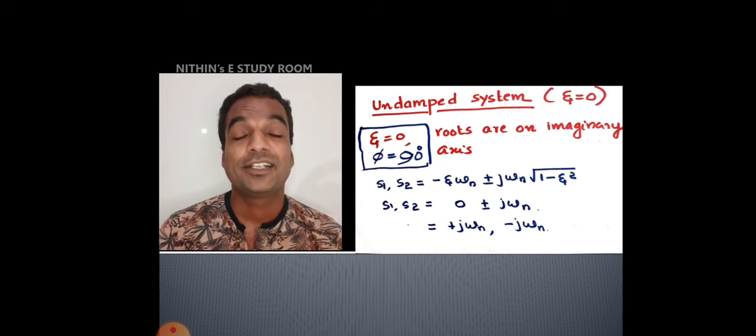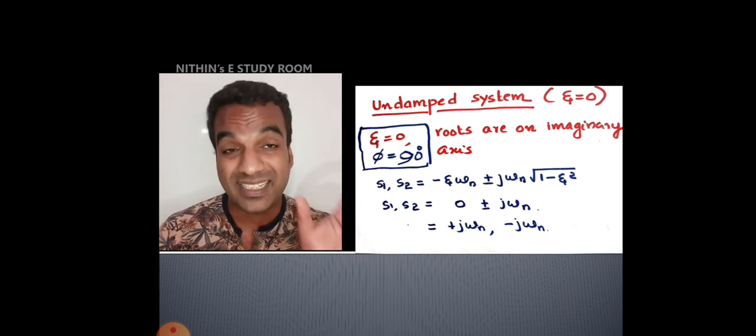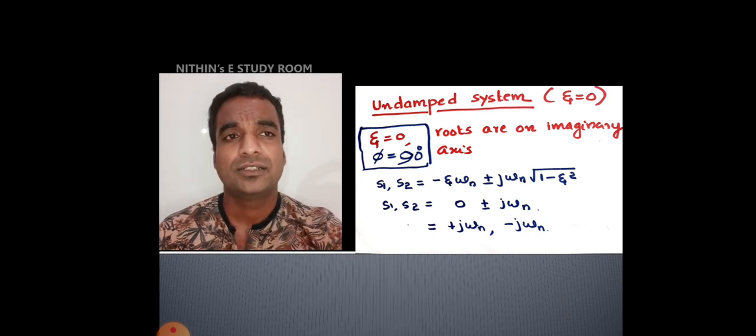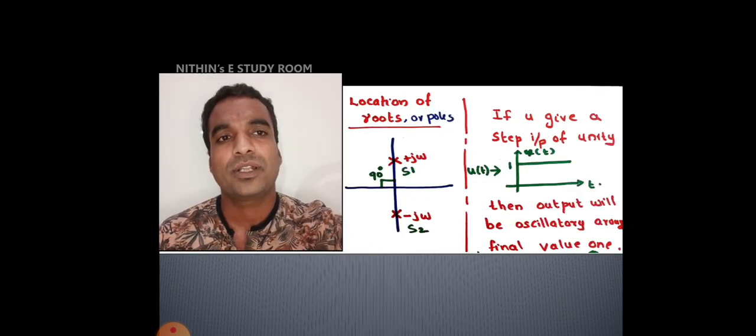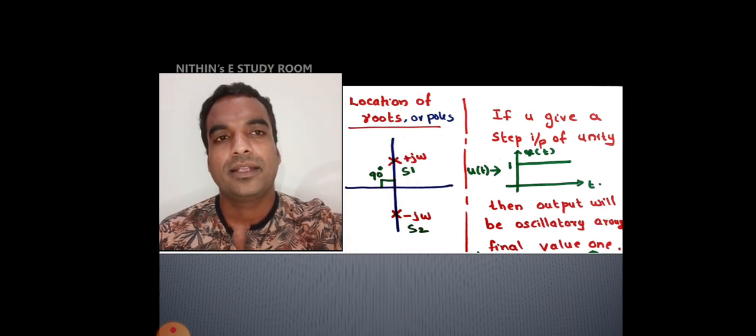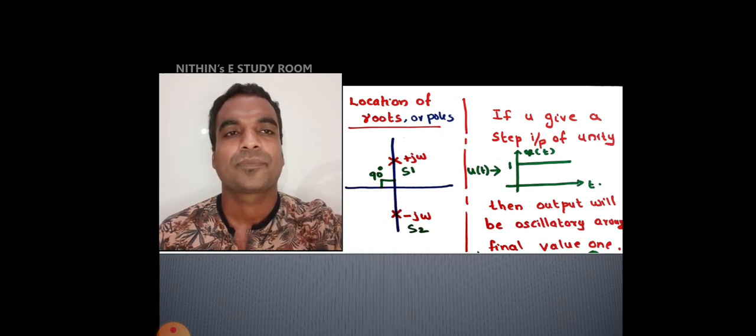No real part is there with these complex roots, only imaginary parts. So both the roots are placed on the imaginary axis, and please check the angle from the real axis, it is 90 degrees for both the poles.